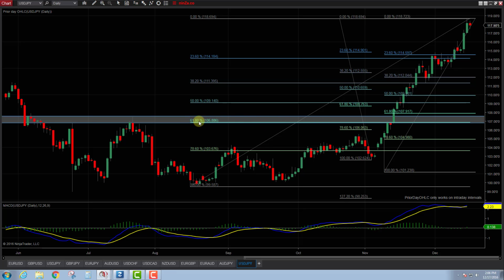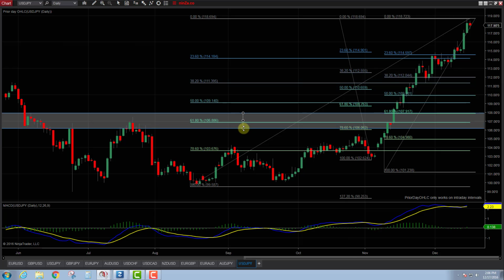Here you can see the 61.8 matches right up with the bottom one, but I want to try to see if we can incorporate 2 or 3 Fib zones. So here's what we're going to do. We're going to drag this up so that we can match in with this 61.8 level over here. Then we're also going to drag this down to the 78.6 retracement right here.